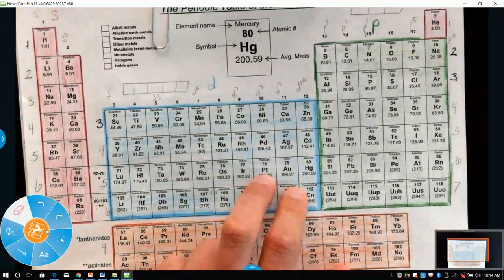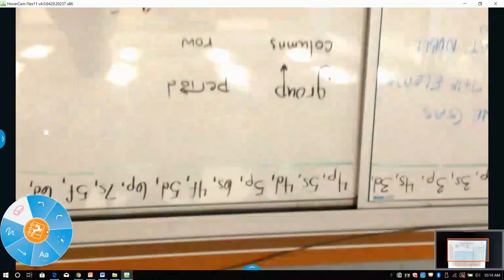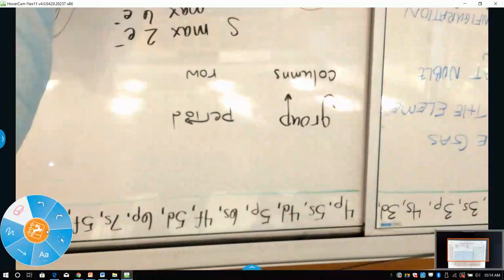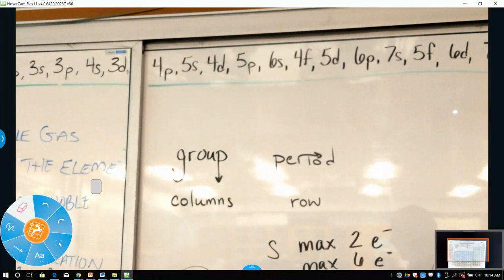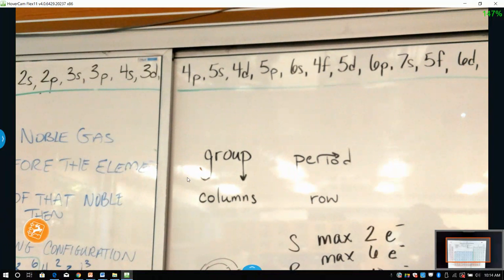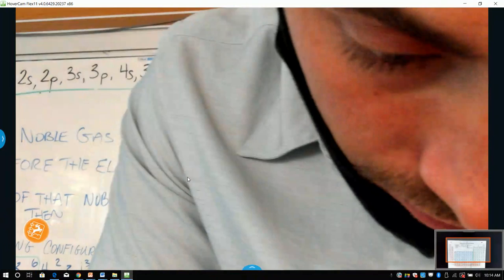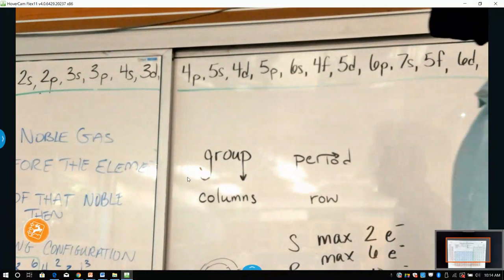Now, if we're looking at the Aufbau diagram, what did we just say? It ended with 5d8.